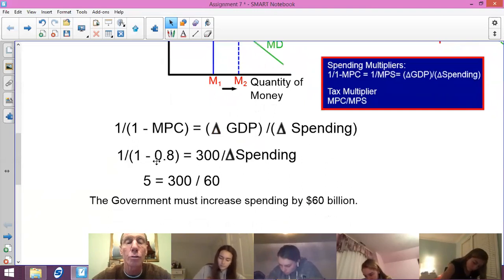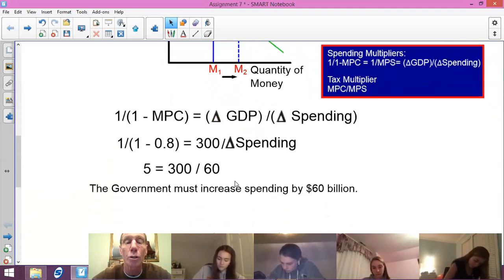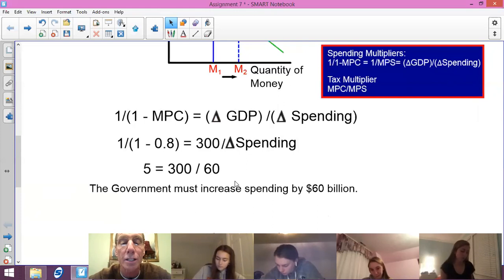So 1 over 2/10 is 5. So 5 equals 300 divided by 60. So we know that in order to get an increase in GDP of 300 billion, the government needs to spend 60 billion.